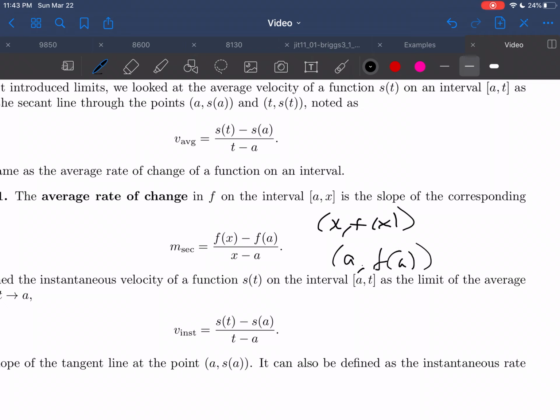Where we know what the point a is, we're given that. x can be any point on the function.